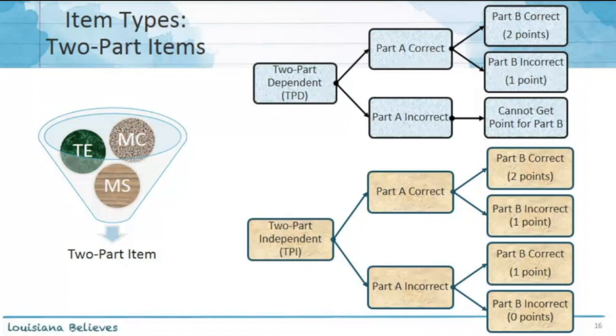They cannot get a point for Part B if they get Part A incorrect, because if you get Part A incorrect, you should not be able to get an explanation correct. So it's very easy to get 1 point, but it can also be very easy to get 0 points if they don't get Part A correct. Two-part independent doesn't matter.